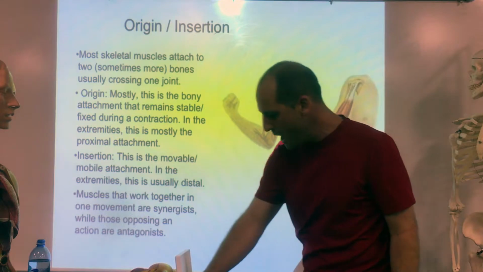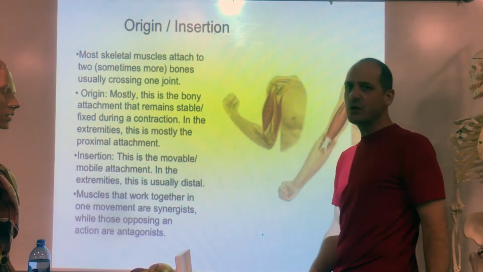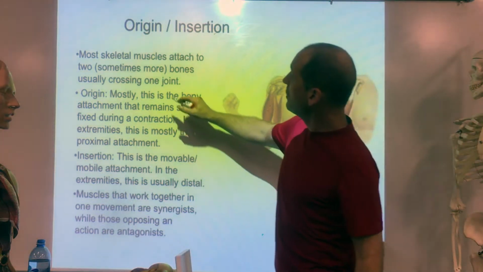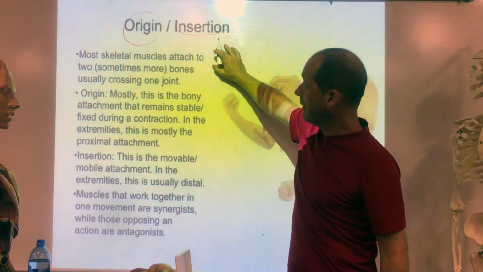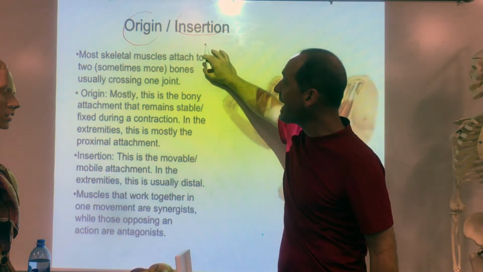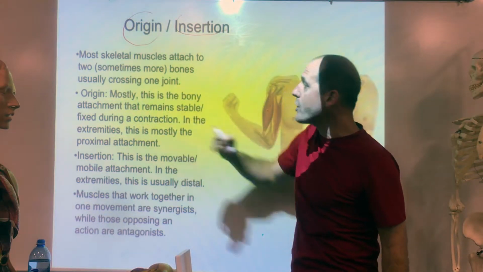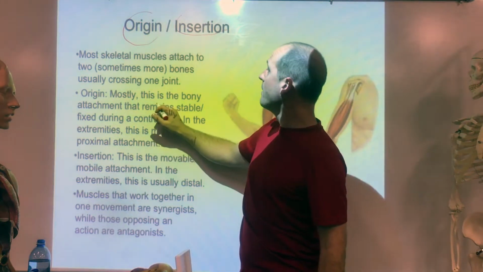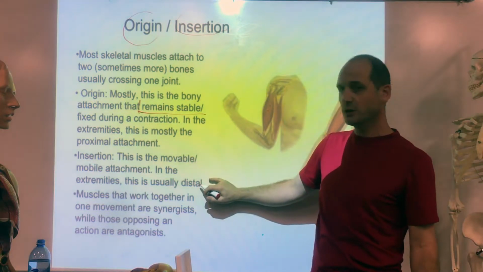All right, so that's contractions. And then when we look at muscle and we're describing muscle, we look at these two words: the origin and its insertion, and I talked about this briefly. Most skeletal muscles attach to two or sometimes more bones that usually cross one joint, sometimes more than one joint. The origin is the bony attachment that remains stable during a contraction.